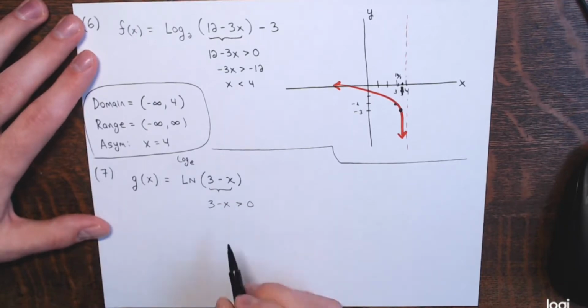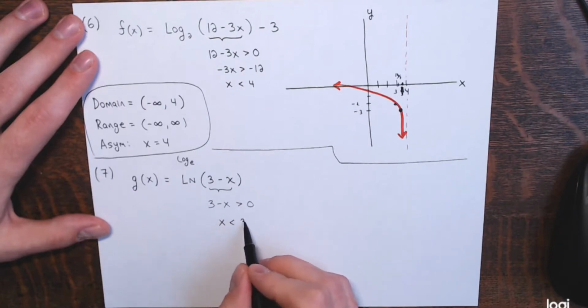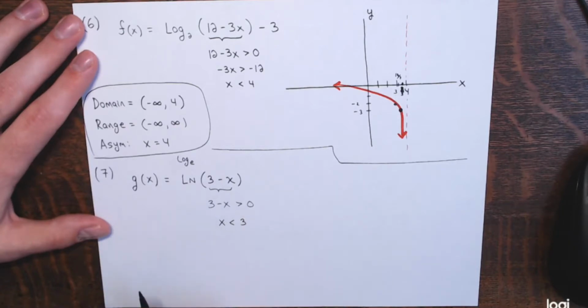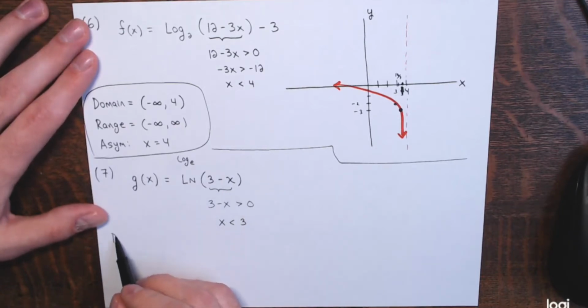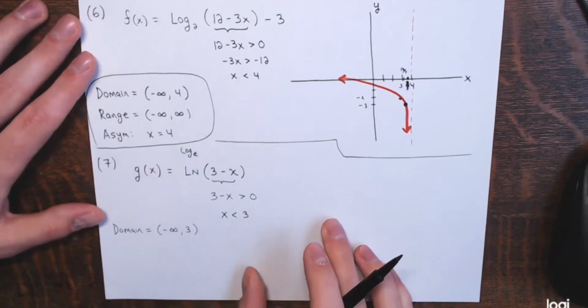I would just simply add x and switch sides. x must be less than 3 here. So the domain of this function is everything less than 3, from negative infinity up to 3, but not including 3.